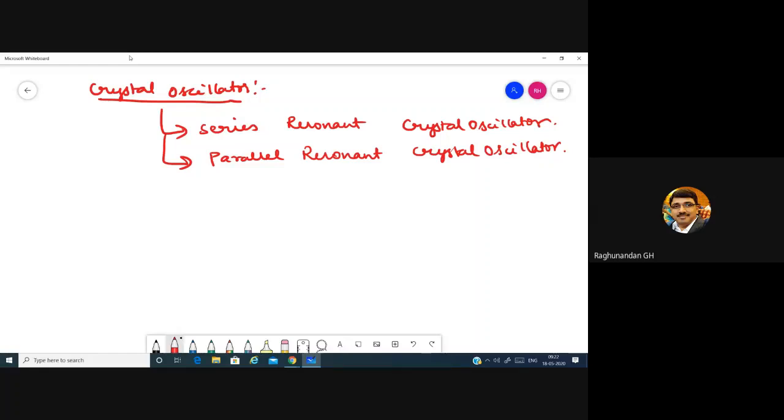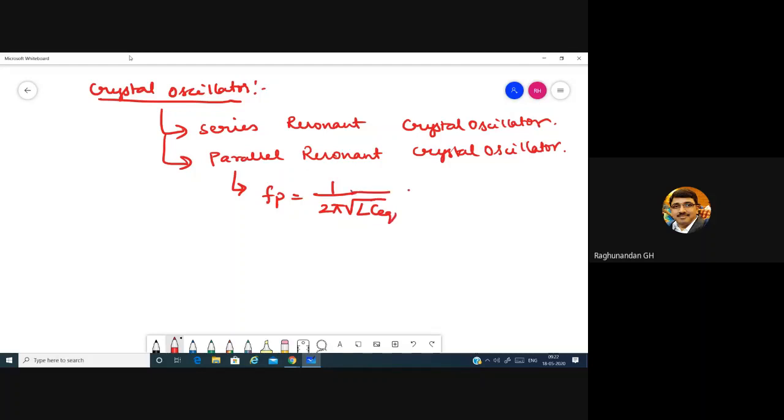Whatever we have done in the lab is the series resonant crystal oscillator, but we generally just call it a crystal oscillator. And I just forgot to tell the formula for Fp. For Fp also, it is 1 divided by 2 pi root L C equivalent.